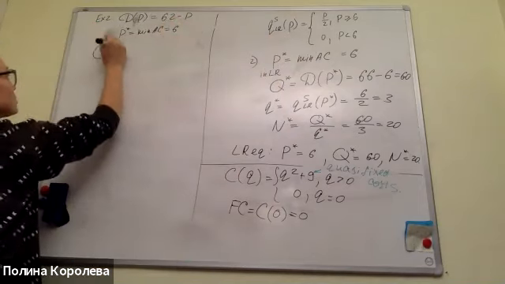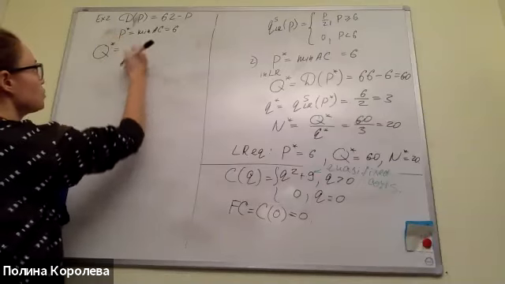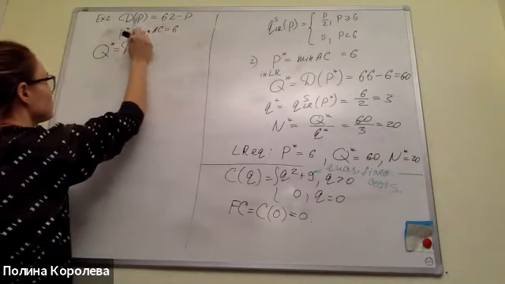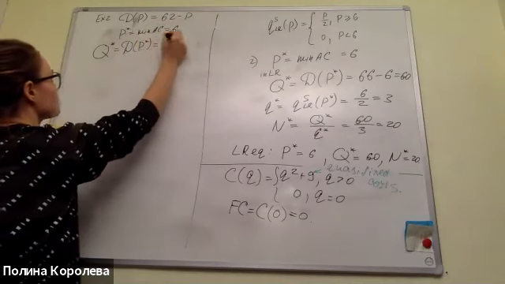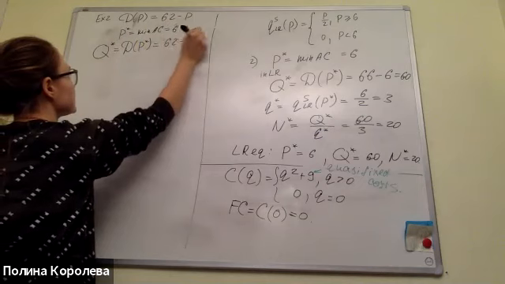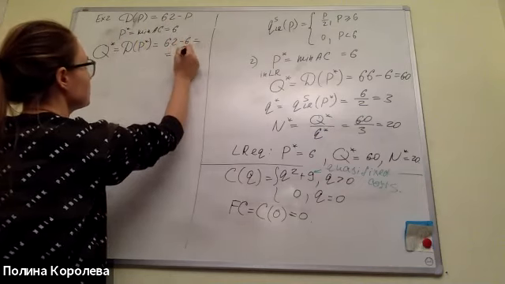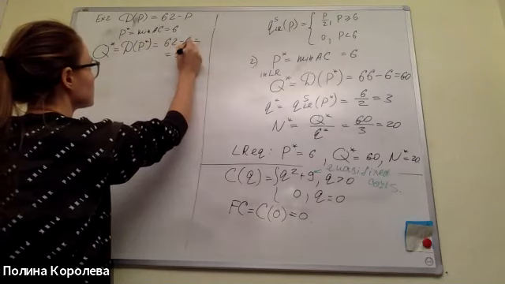And what about the total amount? Put this price 6 into the new demand function. This will be 62 minus 6. And this is how much? 56. Yes?